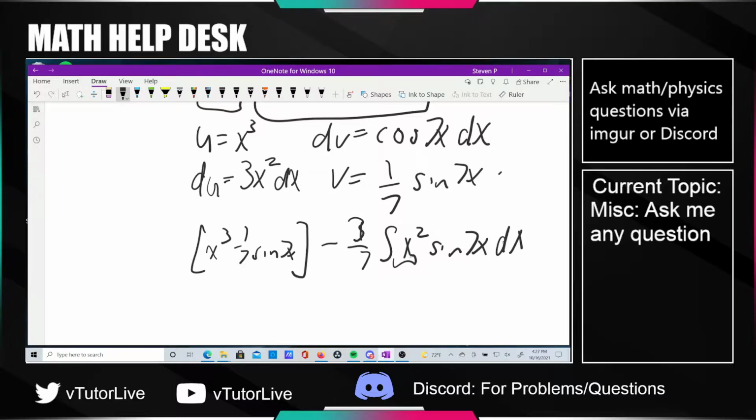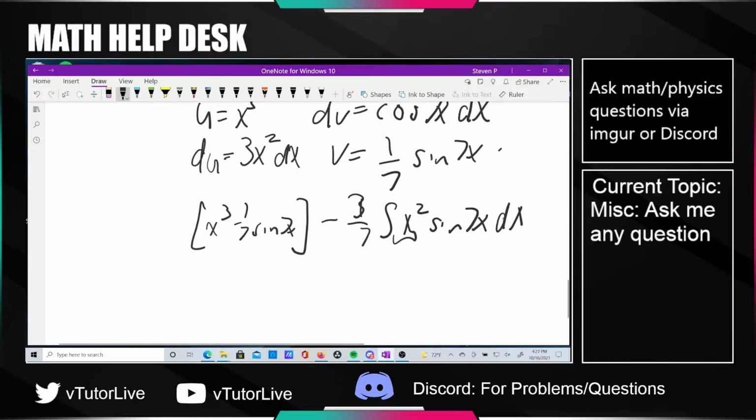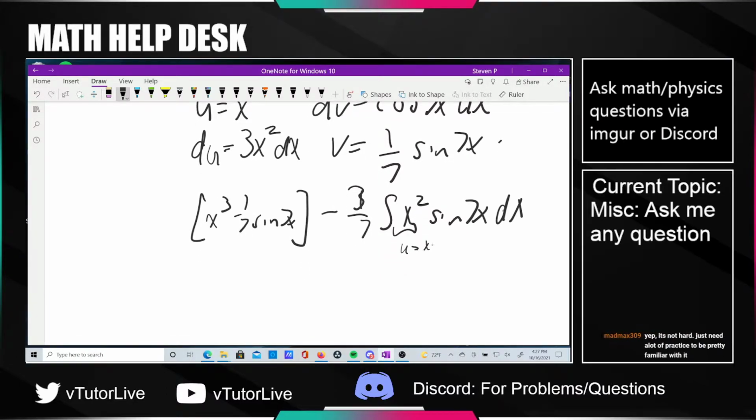You would repeat the process with u is equal to x squared, dv is equal to sine of 7x dx, and go from there. So you would eventually come across an integral that would probably look like x cosine of 7x. And then after doing some more integration by parts, you would probably come across something that just looks like sine of 7x. So this problem is a little bit tedious, but it's definitely very mechanical.